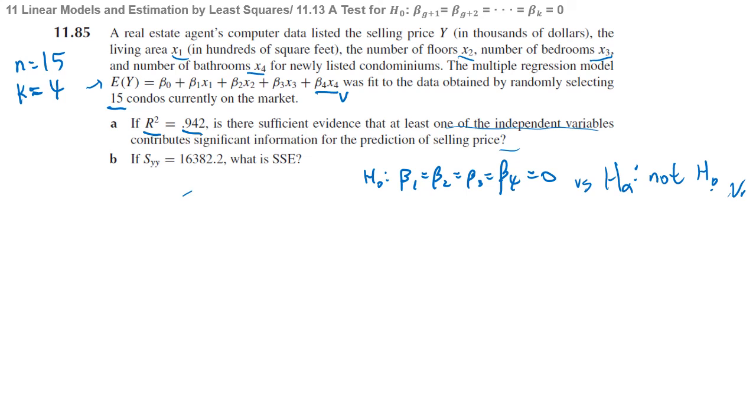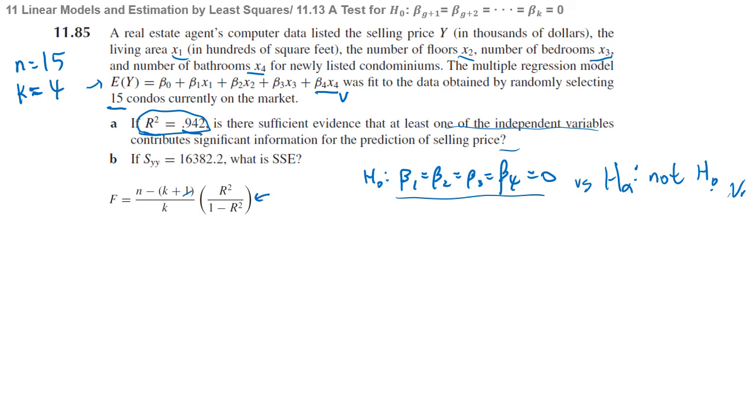What would be the test statistic? We should write down the test statistic, and we know the R square, and what we are testing is whether all the parameters are 0 or not. In this case, we learned previously that our F statistic can be written as this.